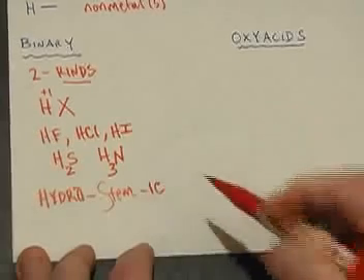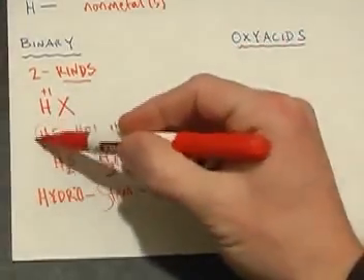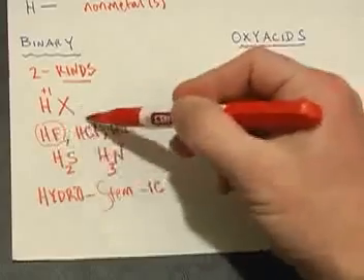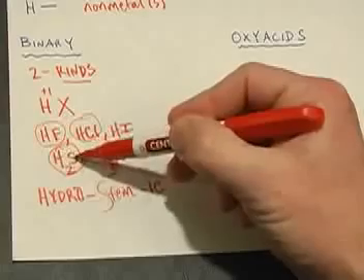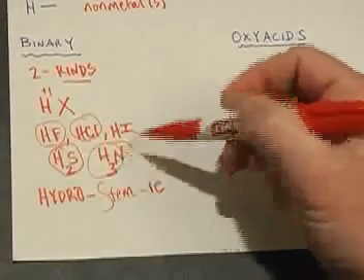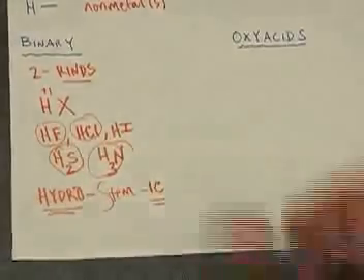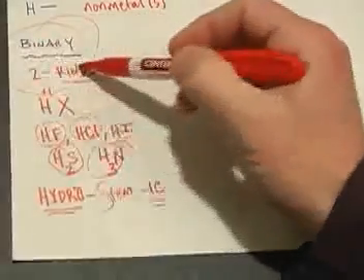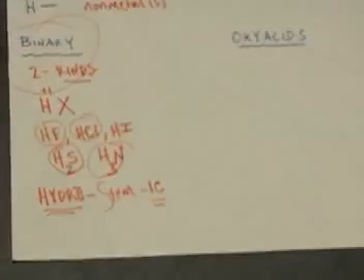So a binary acid always takes on the form of hydro something ic. In these cases, this would be called hydrofluoric acid. This would be called hydrochloric acid. This would be called hydrosulfuric acid. This would be called hydronitric acid. Notice they all started with the prefix hydro and ended with the suffix ic. It must be a binary acid with only two kinds of elements to be named with hydro at the beginning and ic at the end.